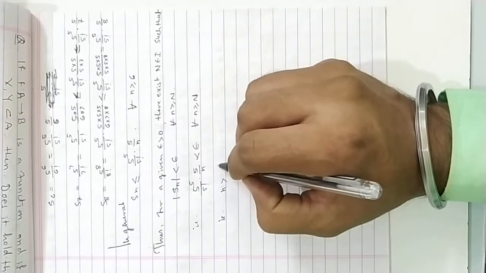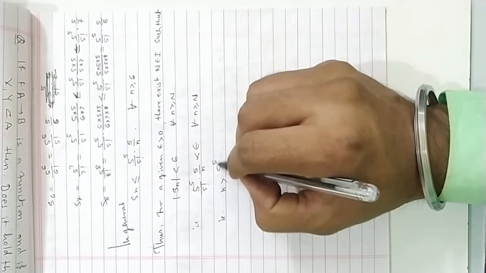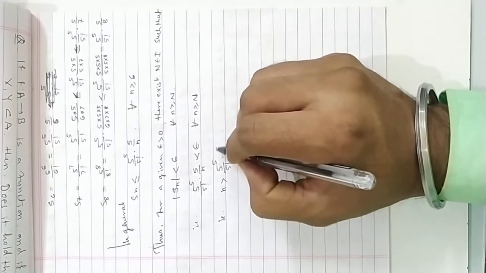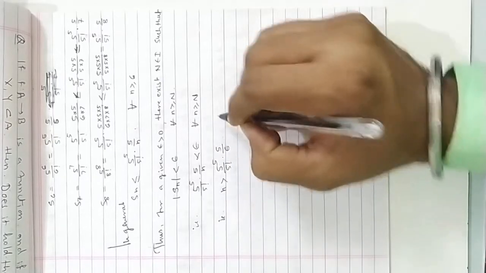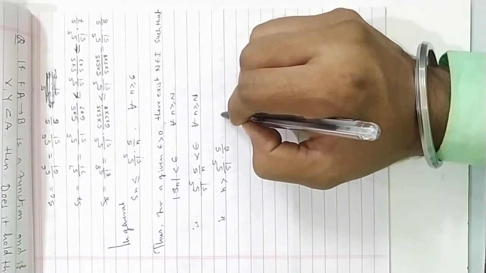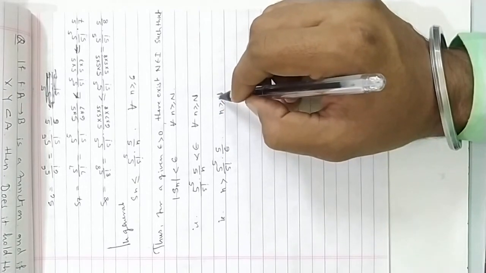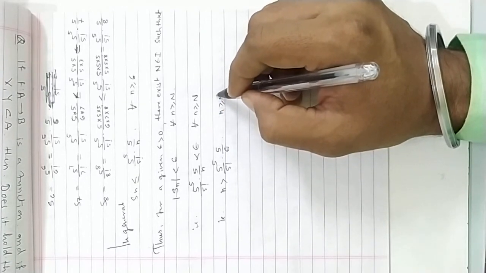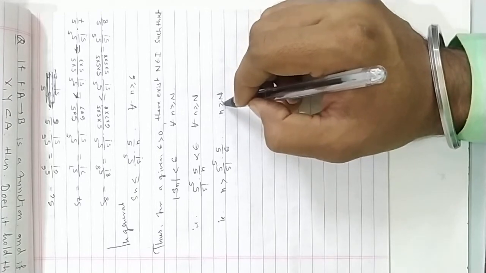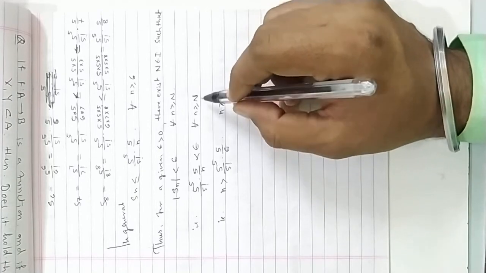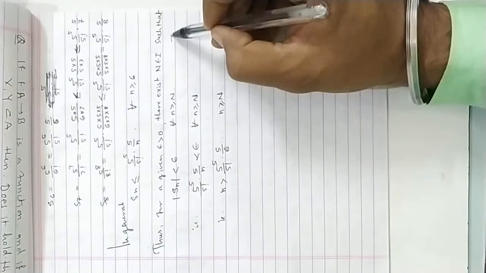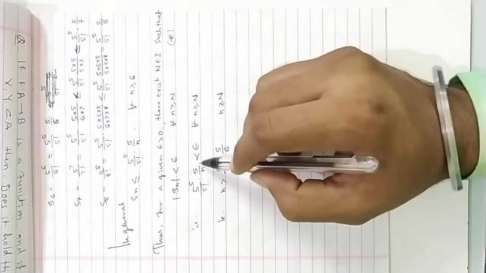So n should be greater than 5 raised to 5 upon 5 factorial into 5 upon epsilon. The least value of N is to be chosen so that this star should be true.